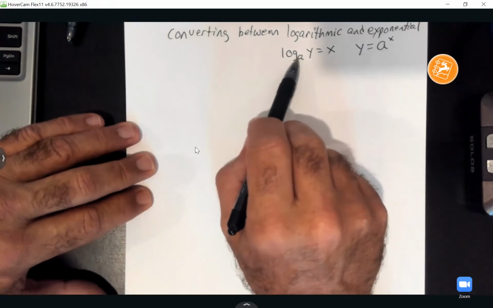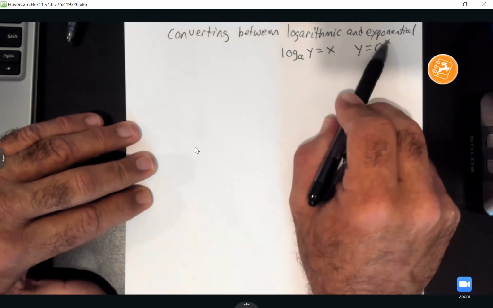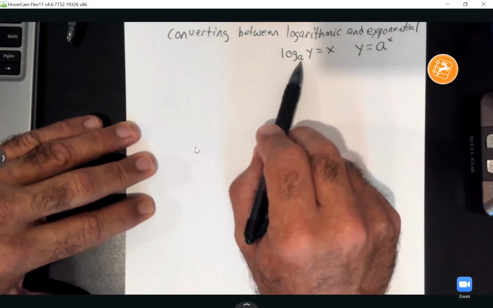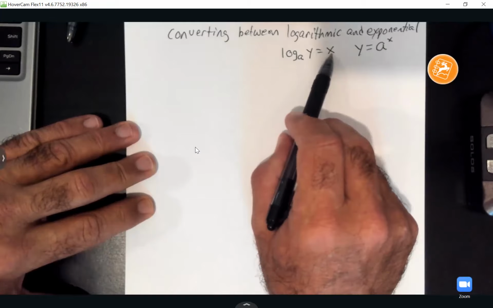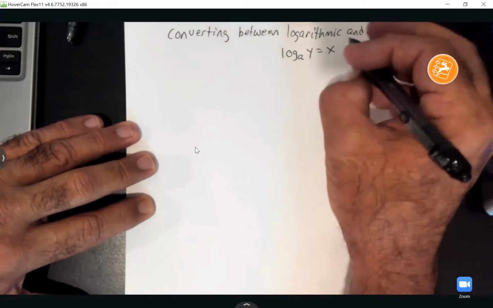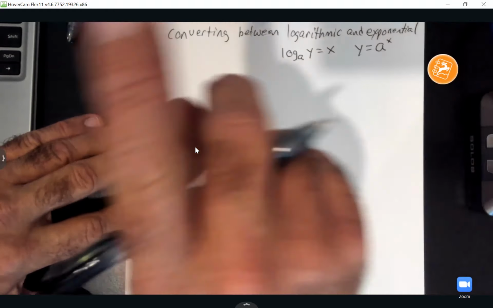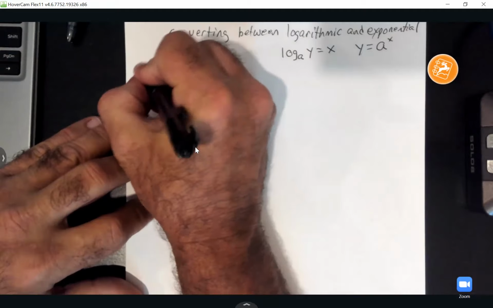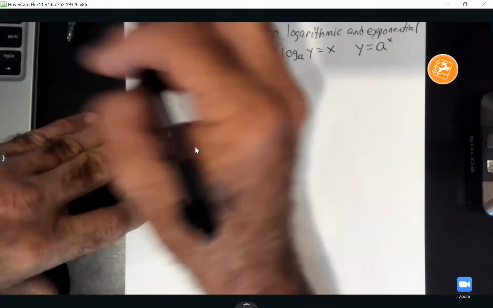Okay, so notice the base of the exponential raised to an exponent equals y. Over here, the base of a with the result of y equals the exponent. So these convert between each other. So let me show you what I got first. On these examples, they want us to convert to logarithmic.